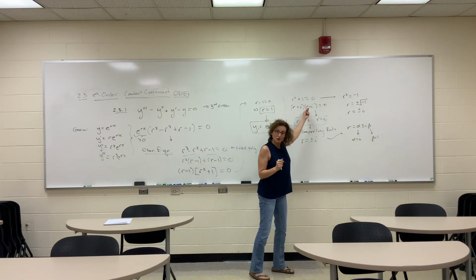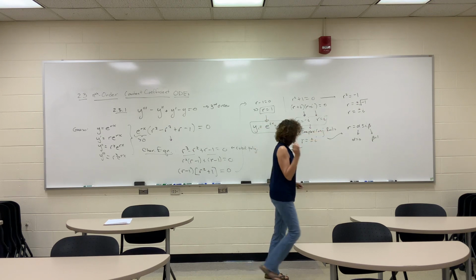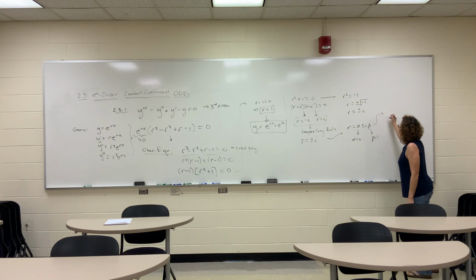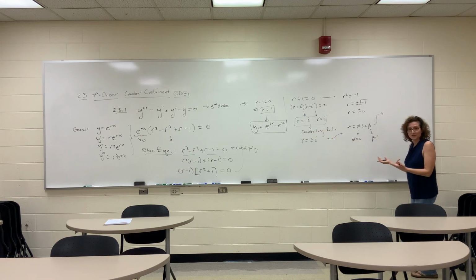This guy gives us two solutions that are real as long as we remember how to deal with this, right? So what was true in the complex conjugate case? We would have two complex valued solutions, but we want two legit real valued solutions.